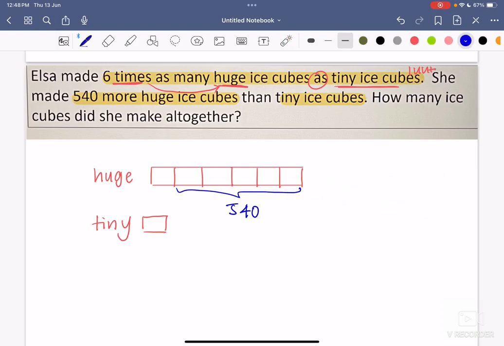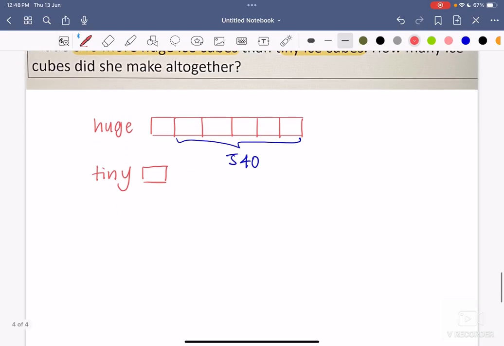Okay, so now we count how many units 540 is first. 1, 2, 3, 4, 5. So we know that these 5 units is 540, in this case huge ice cubes.